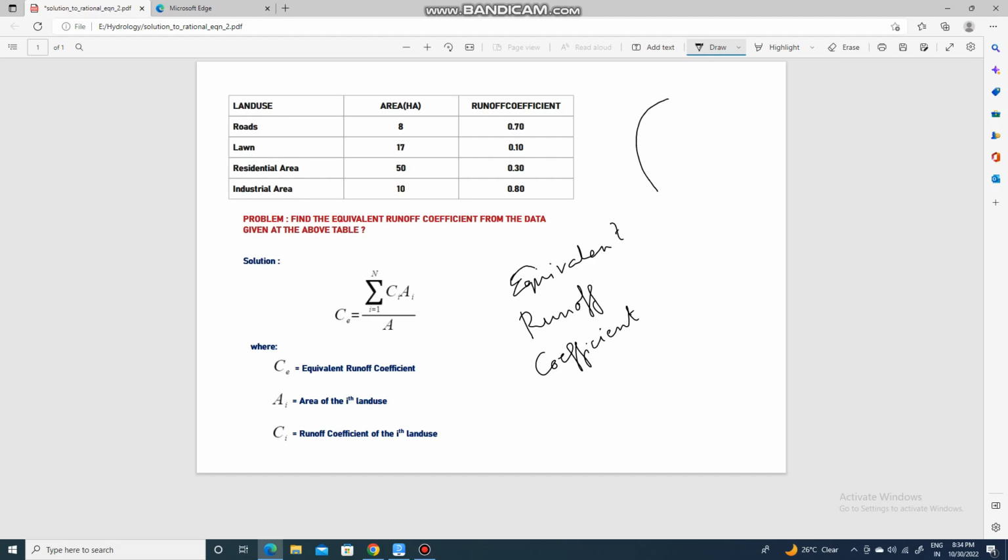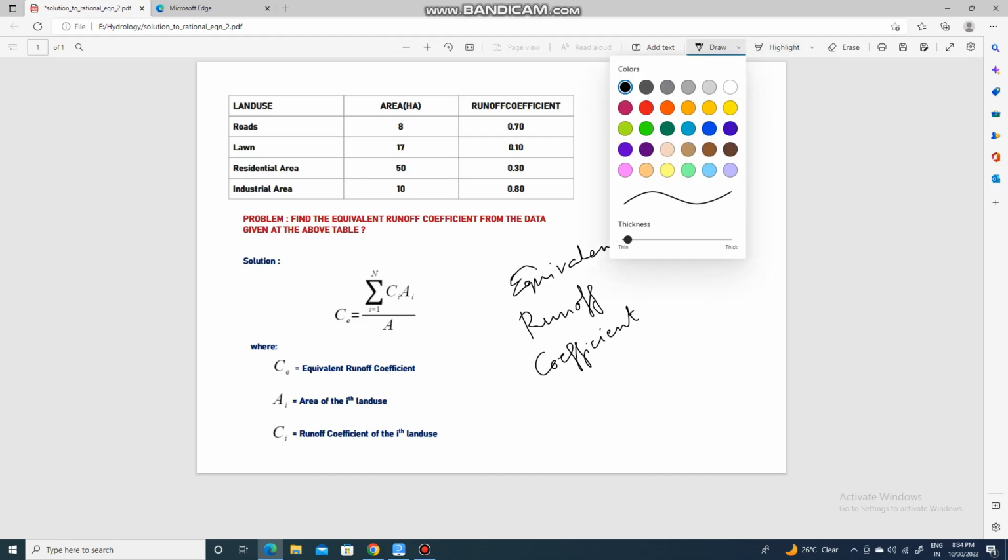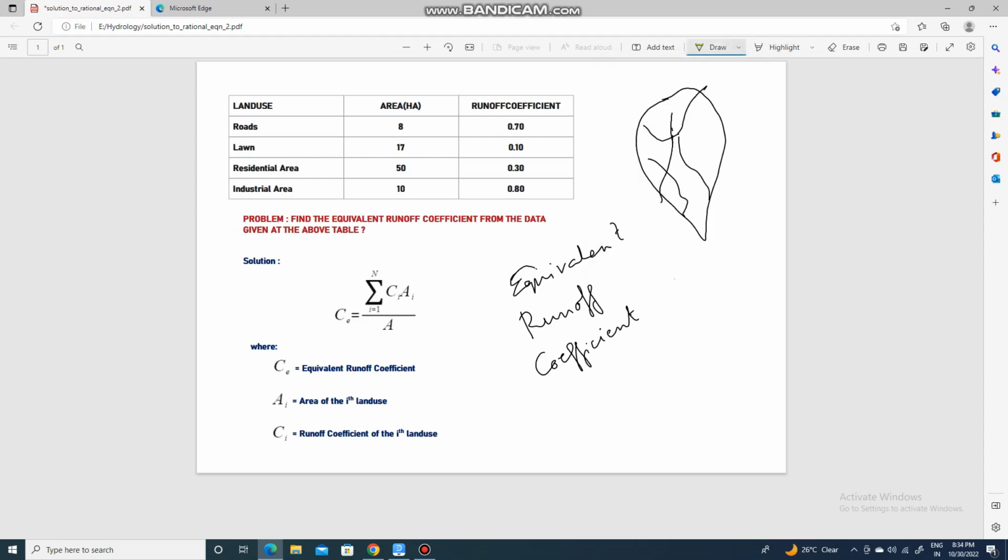So suppose if this is the watershed, then some part of it is road area, suppose this is the road area, then some part of it is lawn area, correct?